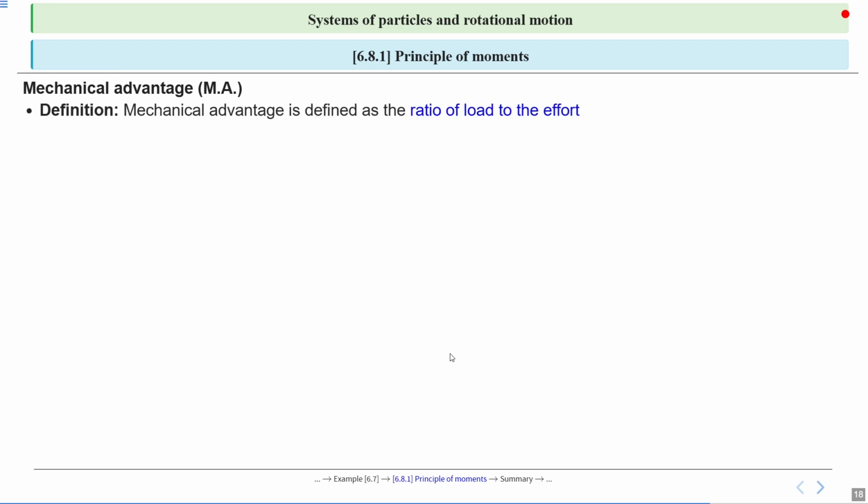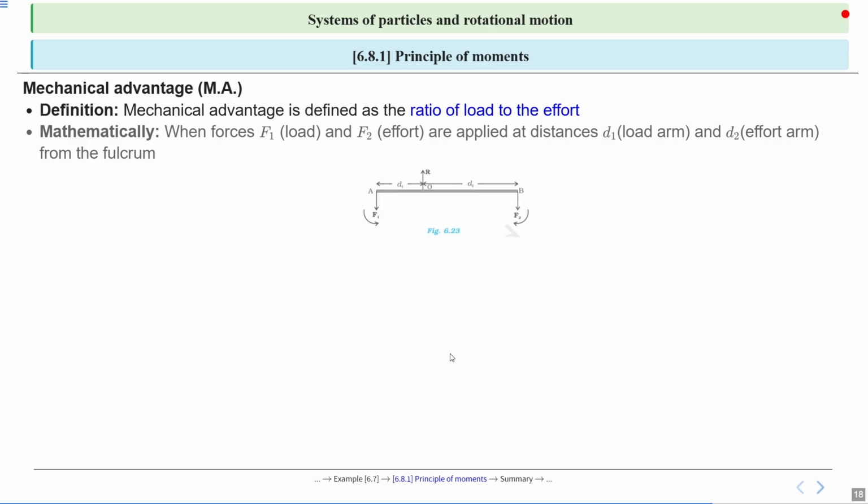Now, mechanical advantage. Mechanical advantage is defined as the ratio of load to the effort. Mathematically, when forces F1, that is load, and F2, that is effort, are applied at distances D1, load arm, and D2, effort arm, from the fulcrum, or we can say from O, the mechanical advantage is F1 divided by F2, which is equal to D2 divided by D1.